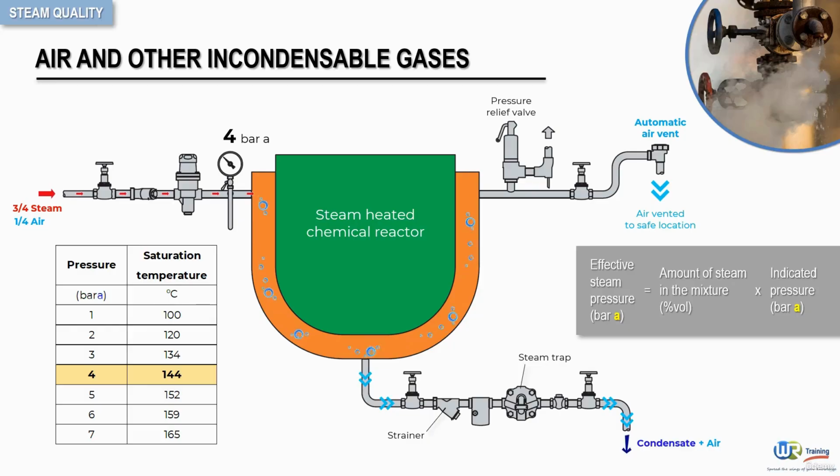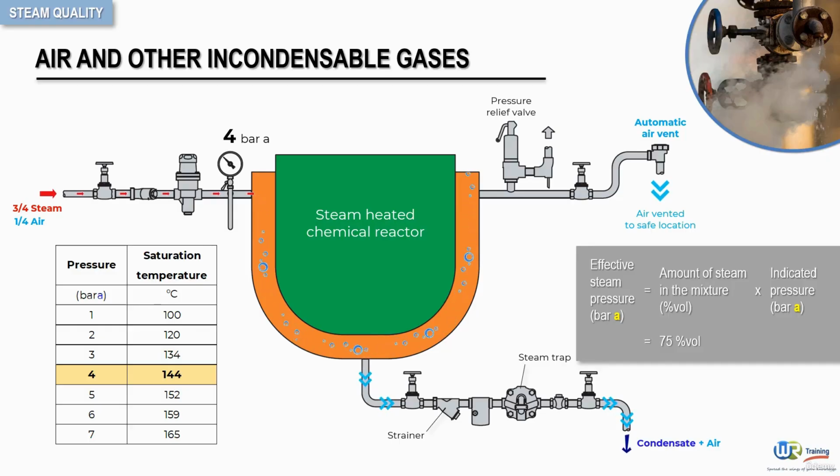First, we will use Dalton's law of partial pressures. Here, the amount of steam in the mixture by volume is 3/4, 75%. Thus, the effective steam pressure is 75% of the total pressure.